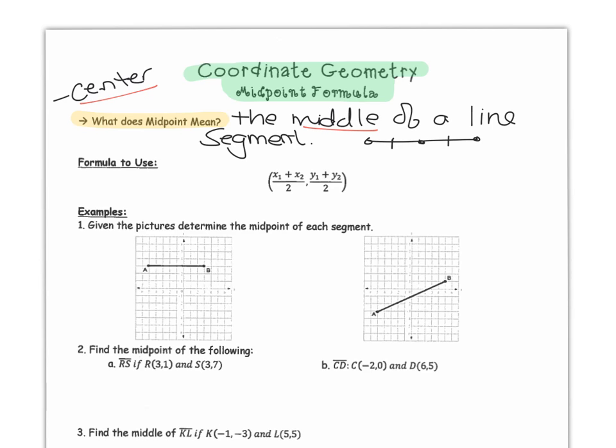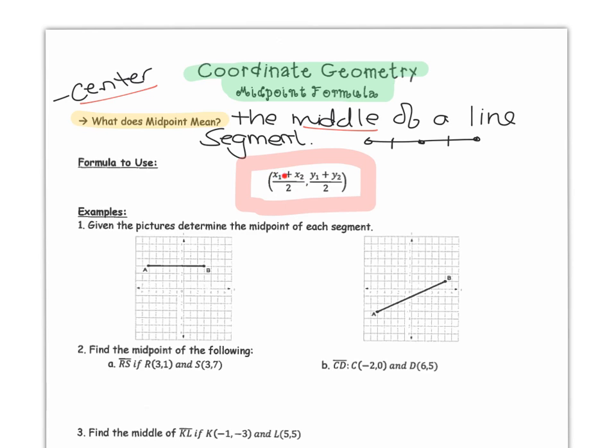So when I'm looking for the middle of a line segment, it's a point in the middle, and this point would represent an ordered pair. If you take a look at your formula, it is an ordered pair. It has my parentheses and my comma, so this is my x coordinate and this is my y coordinate. Notice I take my first x value, add it to my second x value, and then divide by 2.